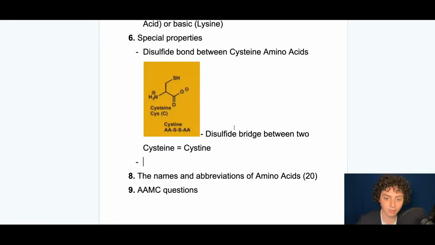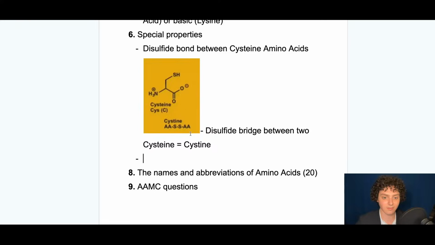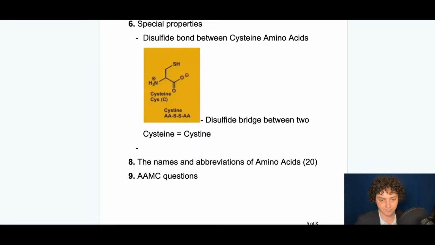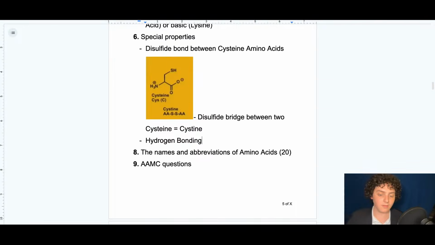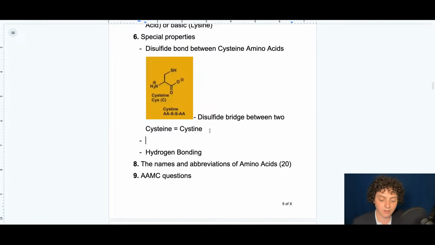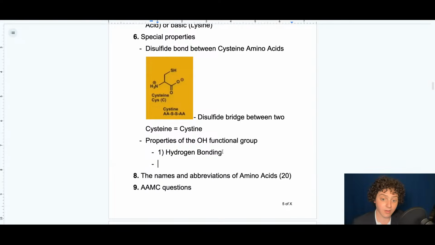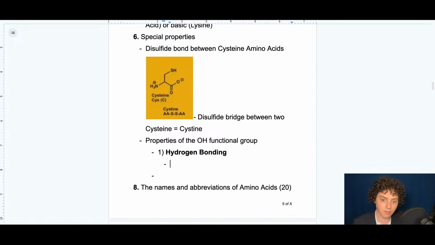Okay, so the first one I want to mention is the disulfide bridge. The second one is hydrogen bonding, and I would put this under a category of the properties of the OH functional group. So number 1 is going to be hydrogen bonding. The human body is a water-based environment.